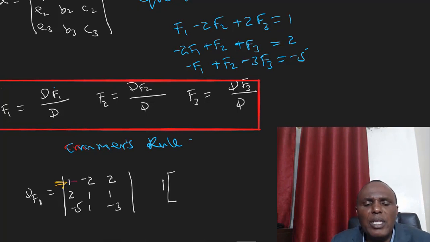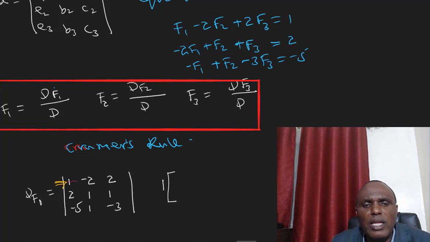To get the determinant of a matrix, we are supposed to get the product of the elements in a row with their cofactors. So we take row number 1, we get the elements, we multiply by their cofactors, then we get the sum.